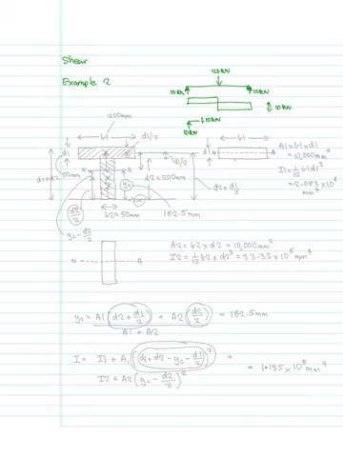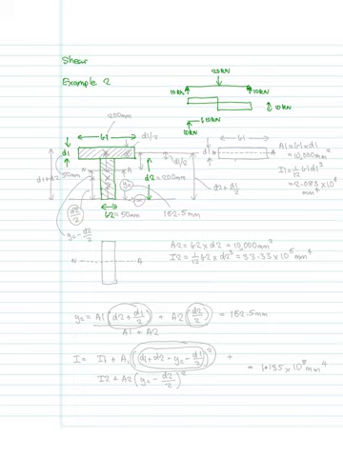So let's sketch out the section. So we've got two sections like there, and then we've got another section like there, and both sections are the same. Let's call that dimension B1, and then let's call this dimension here D1, and then let's call this dimension here D2, and then let's call this dimension here B2.